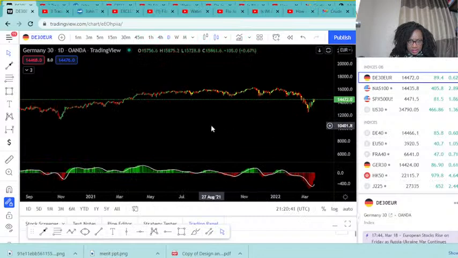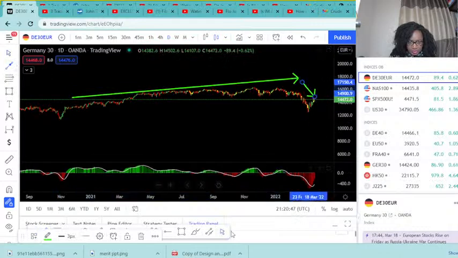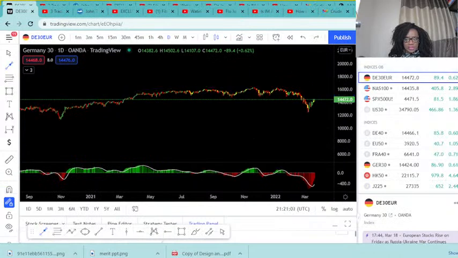We can see that that uptrending carried on, but until very, very recently, until I believe around about January, was when we started seeing a descent in terms of prices. So let's begin to explore this.